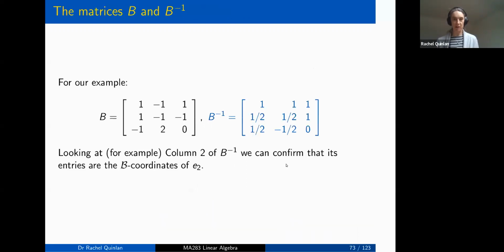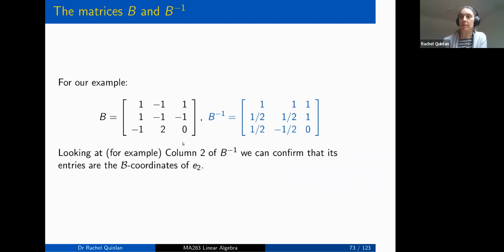Okay, so for that example that we started with, here's B. The elements of the basis B are the columns of this matrix B. And here's the inverse of B. So we're saying that the first column of this inverse of B has entries that should be the coordinates of the first standard basis vector E1 with respect to the basis consisting of the columns of this matrix B itself.